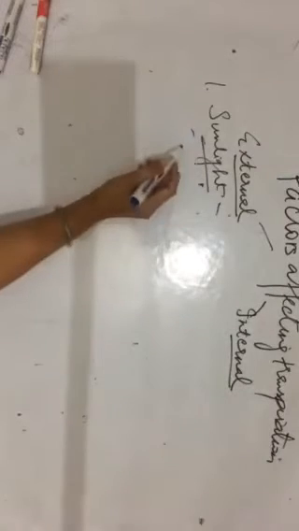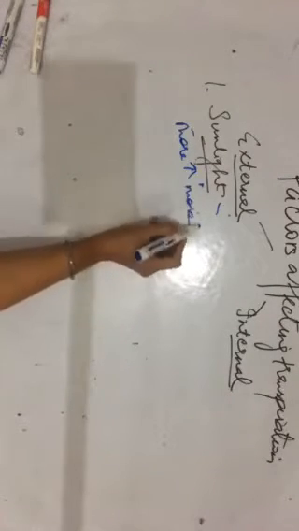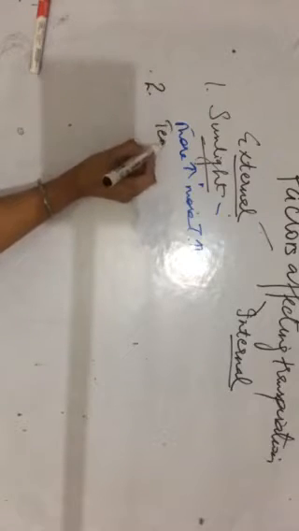Okay, so you have to remember in this way how these factors are increasing or decreasing the transpiration. So more the sunlight, more will be the transpiration. Okay, second factor is temperature.